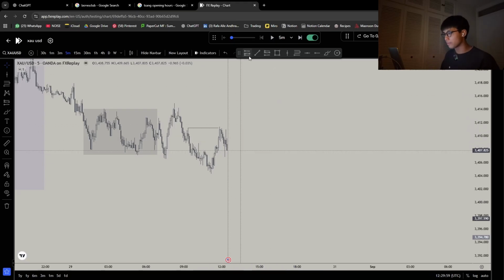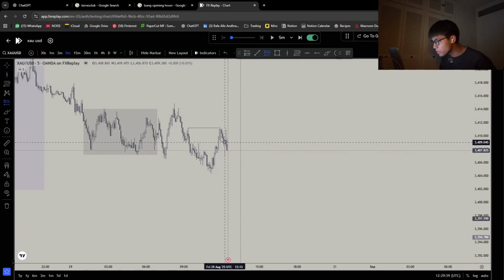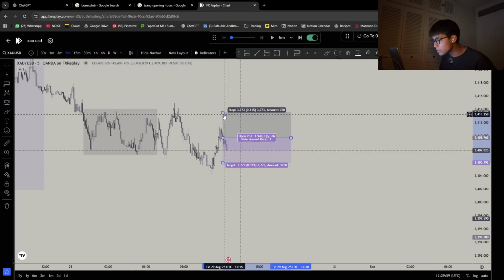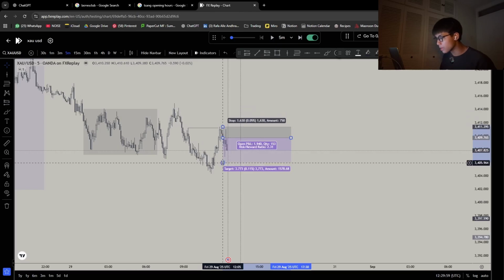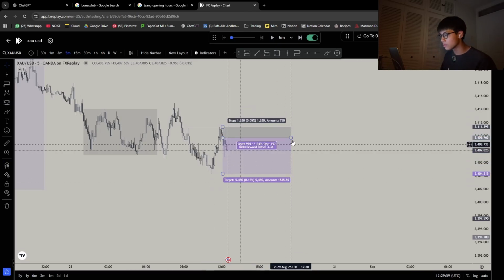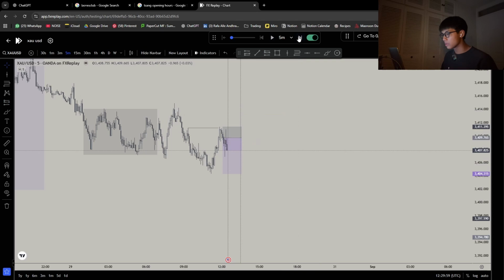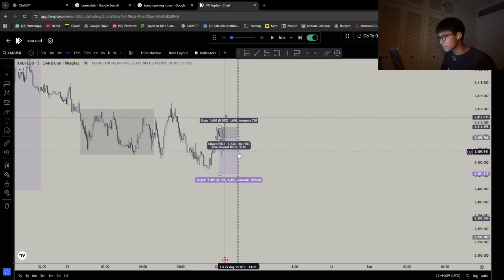But this would have been a trade, by the way, if it was in the 12:30 to 1:30 time. The trade would have been this one at the highs and at the lows. Crazy. I think this would have been break even.